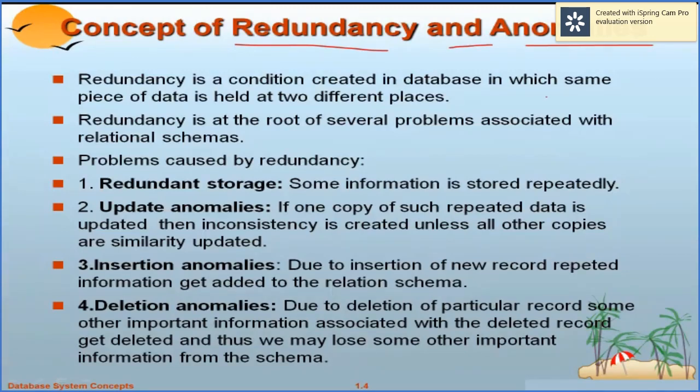If I have two tables and I'm maintaining a record of a particular student whose roll number is 2, and the record of this roll number 2 is again found in one more table, what does it mean? I'm maintaining the same record in more than one table, which is nothing but redundancy. I'm maintaining the record in two different places. This condition is called redundancy, something like duplication, which I've just spoken about.